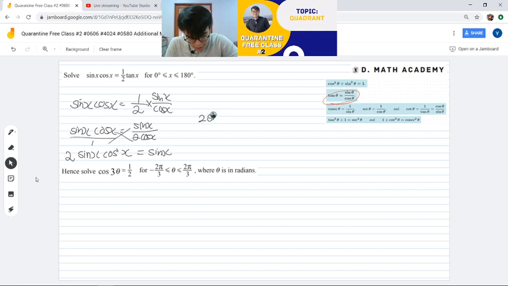Then I got this 2 sine x cosine square x minus sine x equals to 0. Okay, I rearrange them. Since both of them have something in common, which is our sine x over here, your answer should be sine x, okay, 2 cosine square x minus 1 equals to 0.